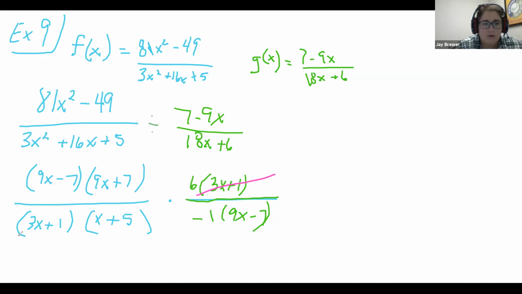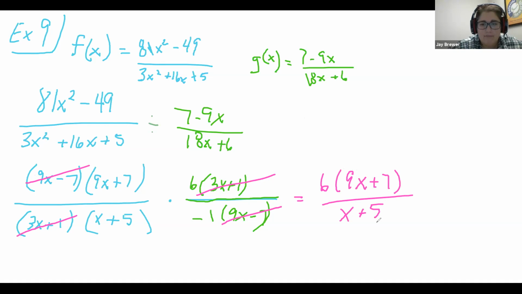So the 3x plus 1s and the 9x minus 7s are gone, which means when we bring this together, we get 6 on the outside, (9x plus 7) over (x plus 5). But we have that negative. Okay, so there you go.